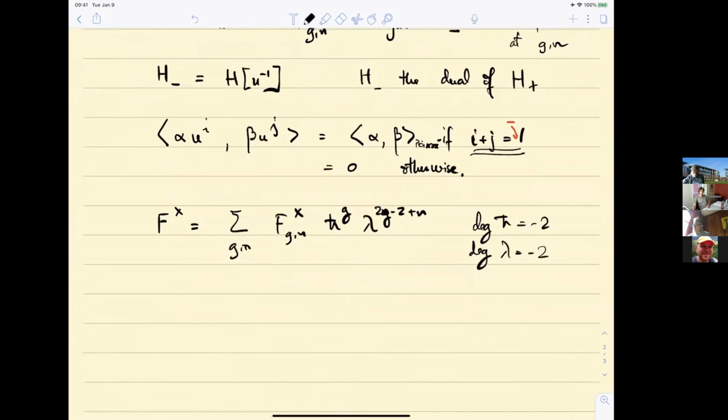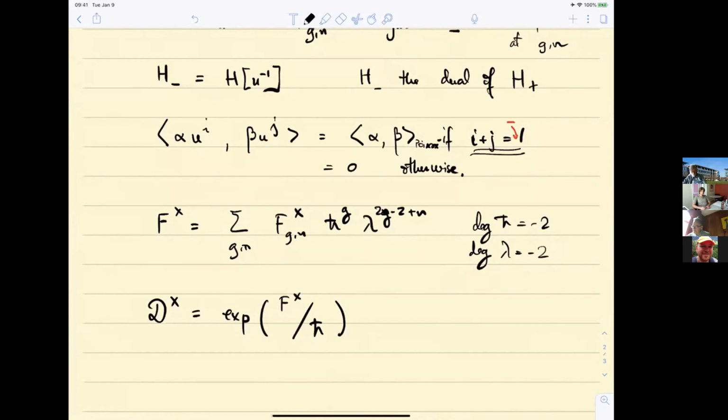And the slightly more strange thing that at first seems very bizarre is they define the total descendant potential called D_X as this strange power series exp of F_X divided by h bar. And at first this seems very unmotivated.